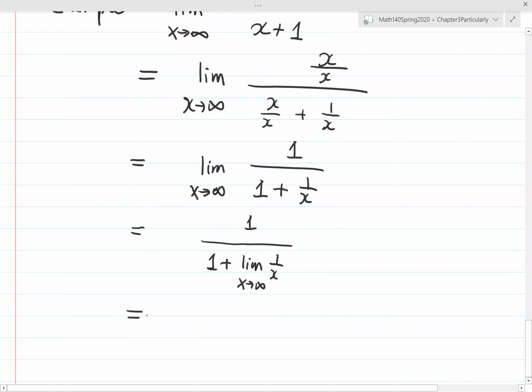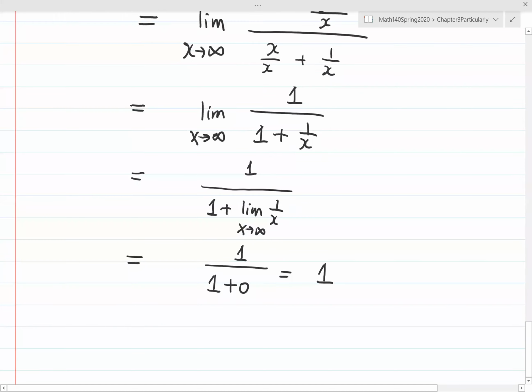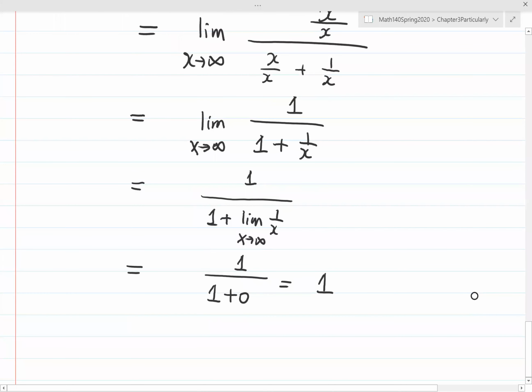As x becomes arbitrarily large, 1 over x gets arbitrarily close to 0. So this is 1 over 1, which is 1. This tells us x and x plus 1 differ by 1, but this difference is insignificant if x becomes arbitrarily large.